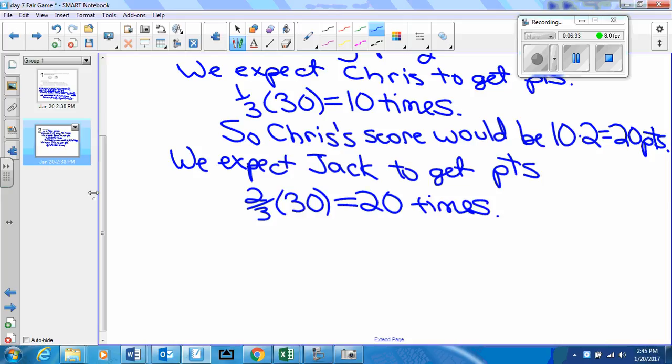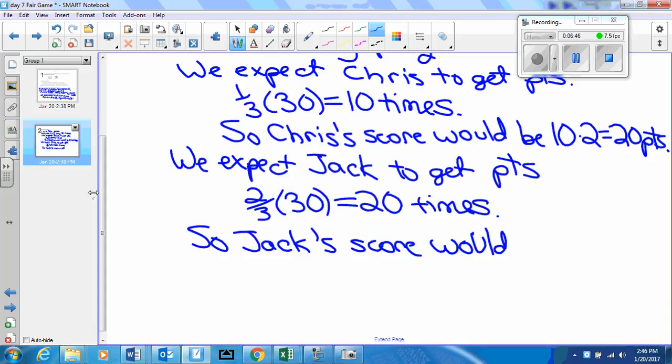And every time Jack gets points, he gets only 1 point. So Jack's score would be 20 times 1, which is 20 points. So because their scores in the long run we would expect to be equal, that makes the original game fair.